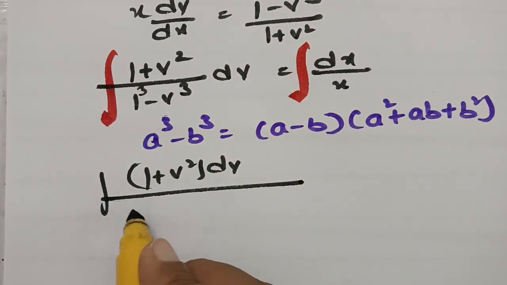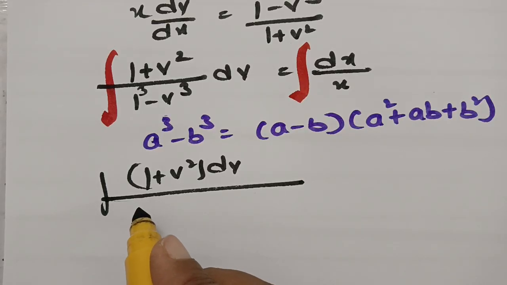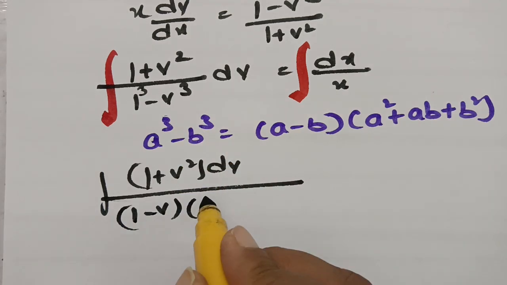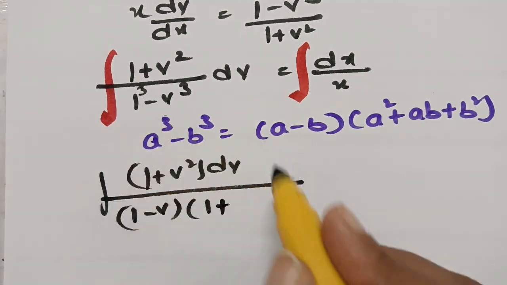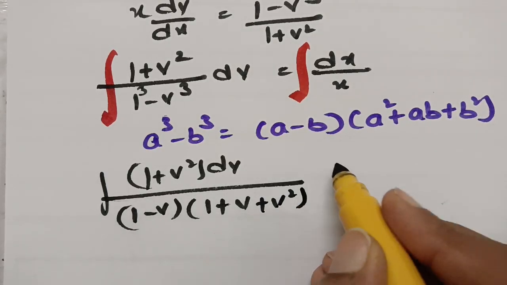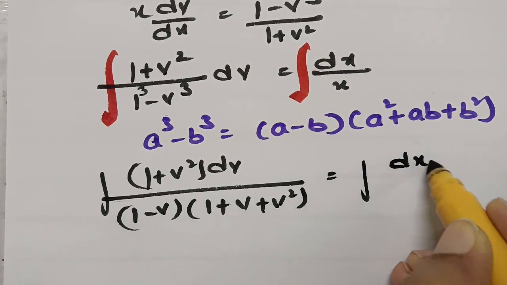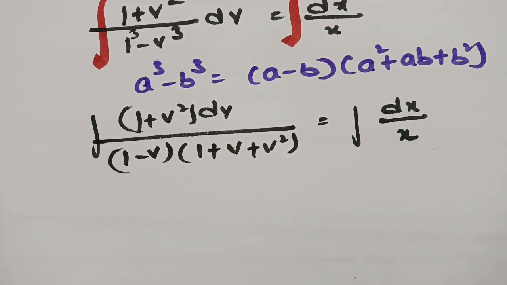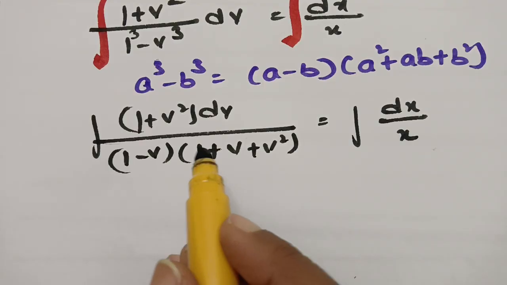So this will be a minus b, that is 1 minus v, times a square, which is 1 square, plus ab, that is 1 into v, plus b square, which is v square, equal to dx by x. And see, now I am using partial fractions to resolve this one.